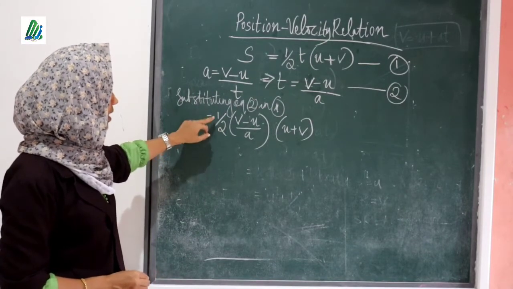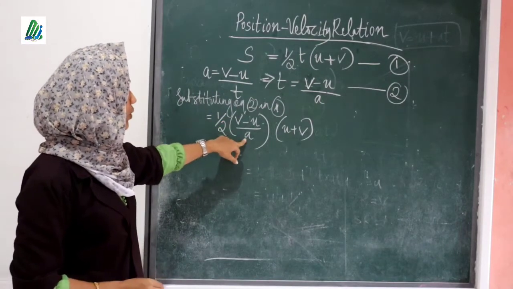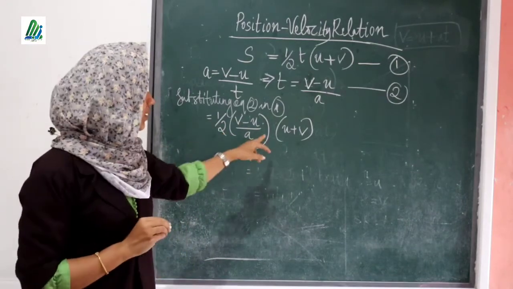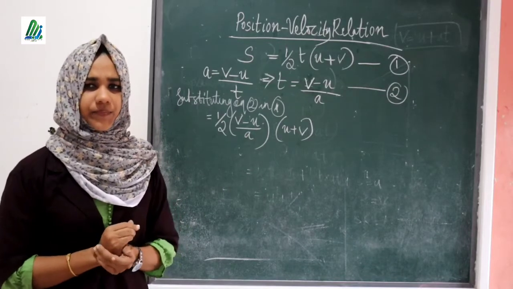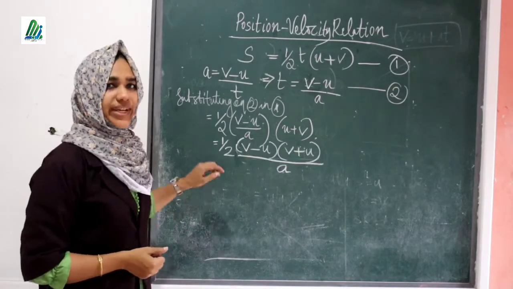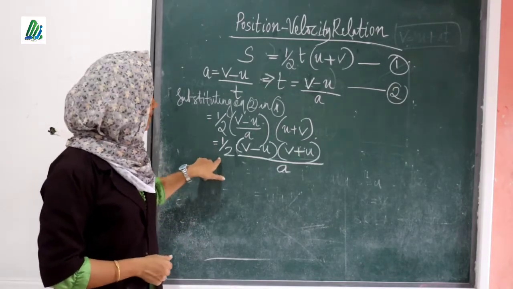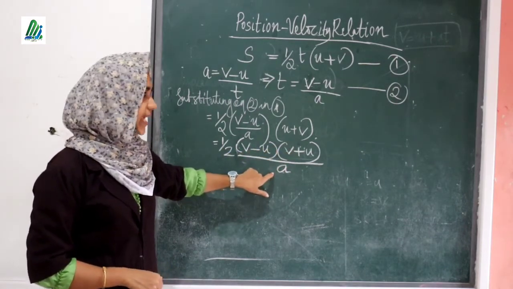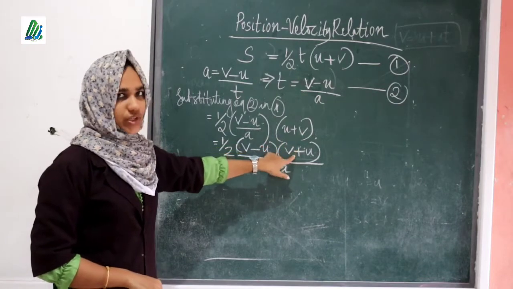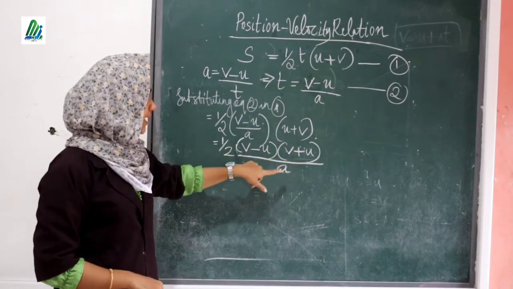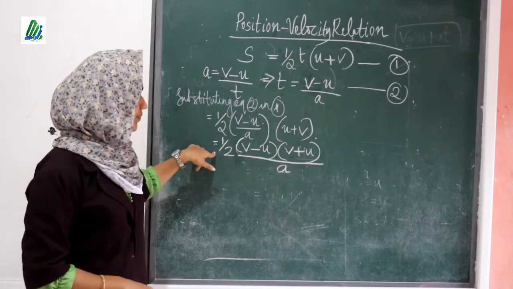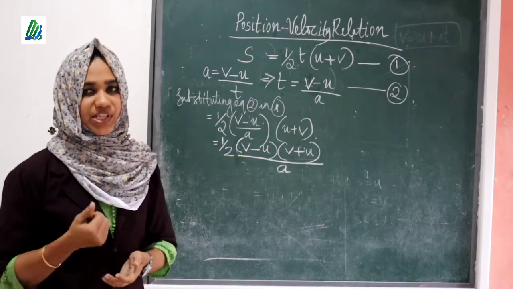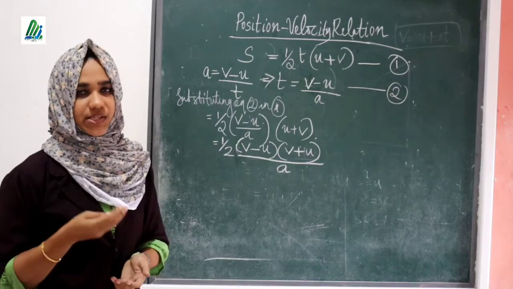Half into v minus u by a into u plus v. We can write this equation like this: half into v minus u into v plus u by a. I just rearranged this equation. You all know that a minus b into a plus b is equal to a square minus b square.